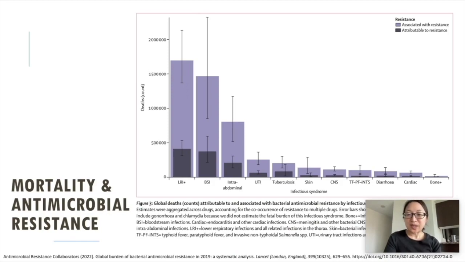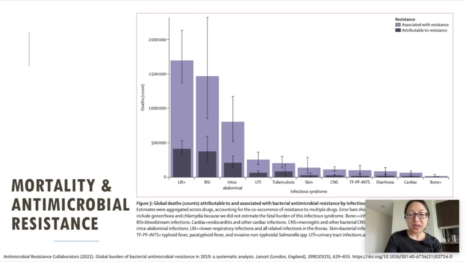A Lancet 2019 systematic review assessing the burden of antimicrobial resistance in 204 countries and territories found that there was an estimated 5 million deaths associated with bacterial antimicrobial resistance in 2019. The 3 infections that contributed most to this mortality were lower respiratory tract infections, bloodstream infections, and intra-abdominal infections, which is depicted by this bar graph.